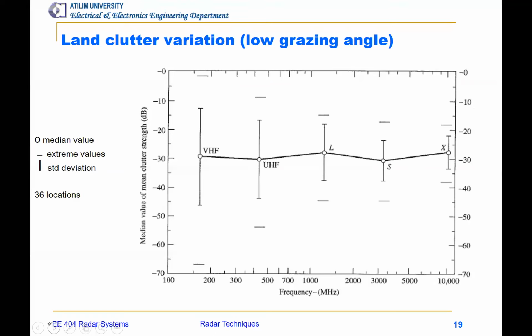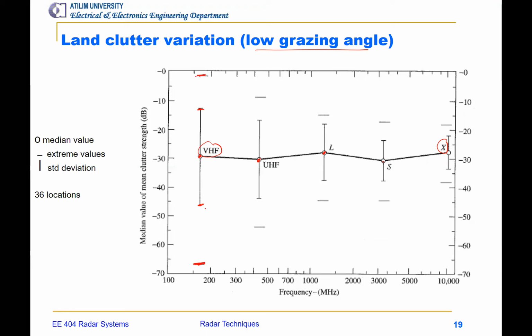Here is again a measured land clutter variation, again for low grazing angle from VHF to X-band, and we have the mean values at the center you see here, and the standard deviations here, and the extreme values just appear here.